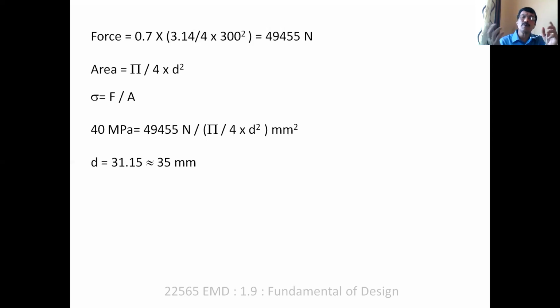So that means 35 is the safer answer. In our exam also, if you write 32 mm, you will get full marks. If you write 33 mm, also you will get full marks. If you write 35 mm, you will get full marks. That means here we can round off to the next integer value, which is safer.